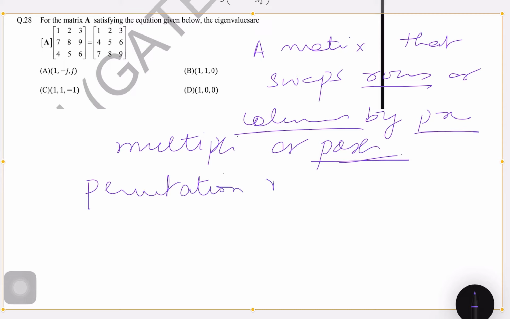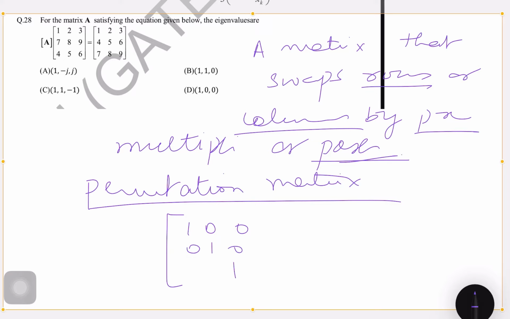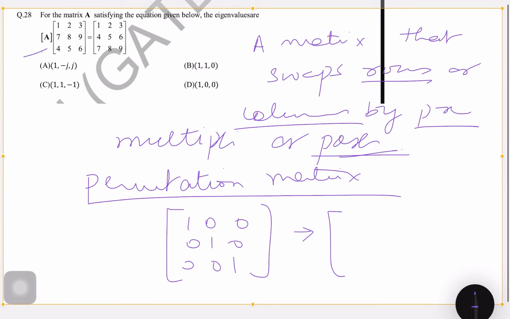If you don't know permutation matrix, so it is basically an identity matrix only. This is my identity matrix. So my identity matrix, if you change its rows, right? Now here you can see that second and the third row are getting swapped with each other. So we will also do the same thing.